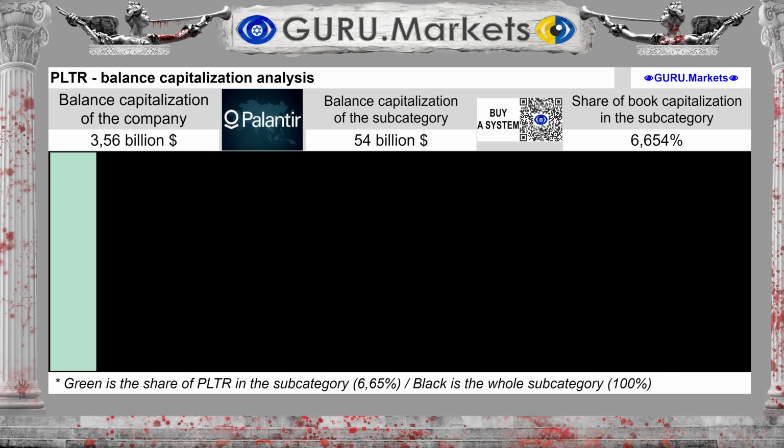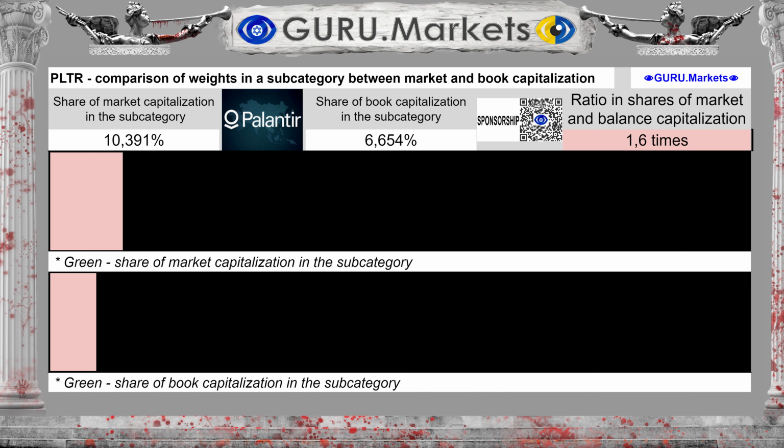The company's balance sheet capitalization is estimated at $3.56 billion. And the balance sheet capitalization of the subcategory is $54 billion. Palantir Technologies Inc. accounts for a share of 6.654%. Comparing the shares of exchange and book value, we see the following. The share of Palantir Technologies Inc. in the subcategory when assessing market capitalization is 10.391%.